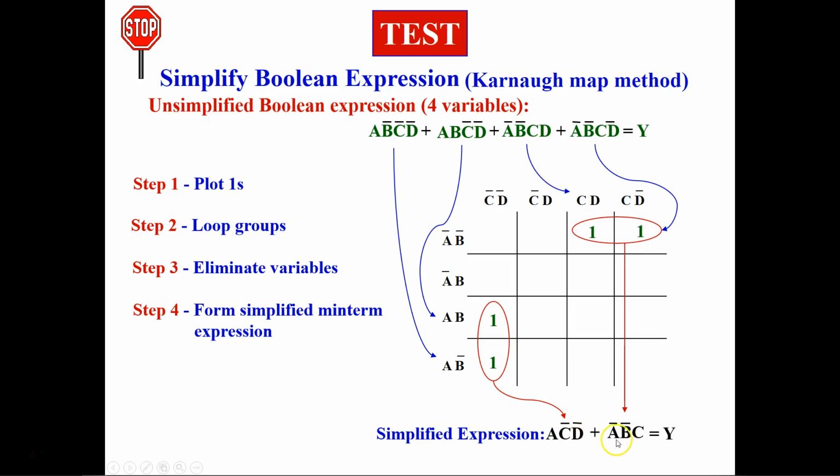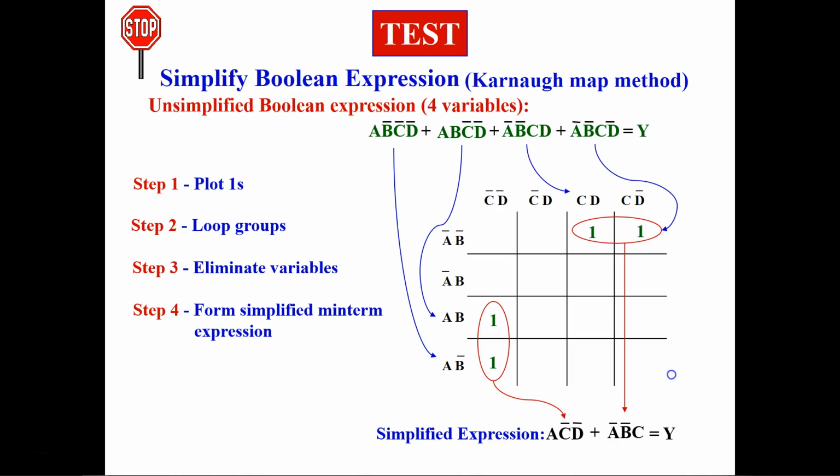And plus A bar B bar C is equals to Y. So this is your actually min-term simplified Boolean expression. Min-term, you remember, is the sum of products. So these are the products and this is the sum.